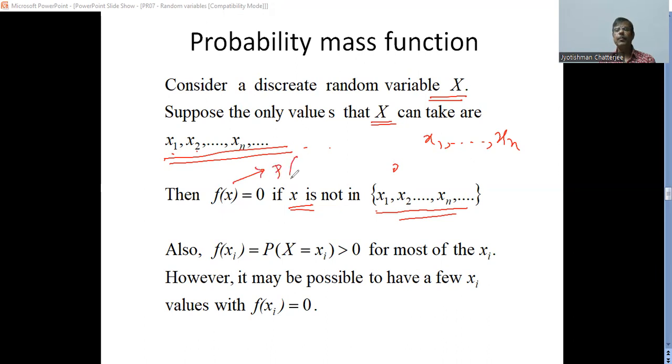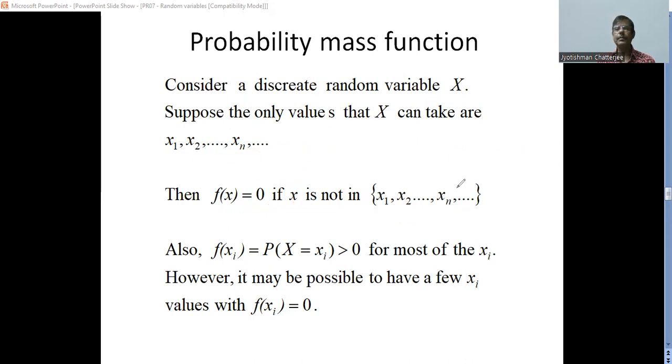That's nothing but the probability of capital X equal to small x. And capital X equal to small x is impossible because small x is outside this set. So capital X equal to small x will be the null set, and the probability of the null set is 0. That's why this happens. So we have understood this.